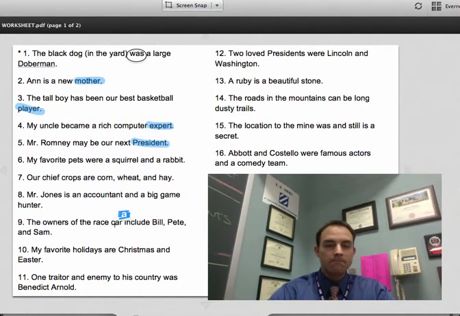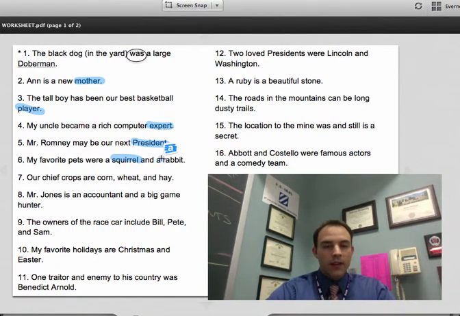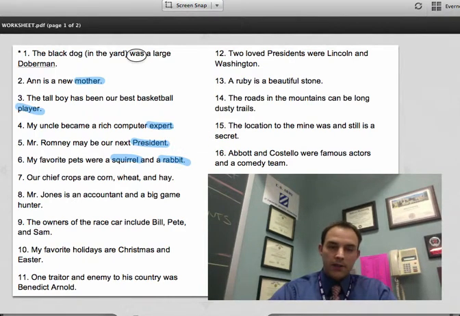So it kind of modifies what Romney is. The next one down, my favorite pets were a squirrel and a rabbit. In this one, pets would be the subject, were would be the linking verb, and just to clarify, squirrel and rabbit. And in this one, just like we've had before, you actually have two predicate nominatives.